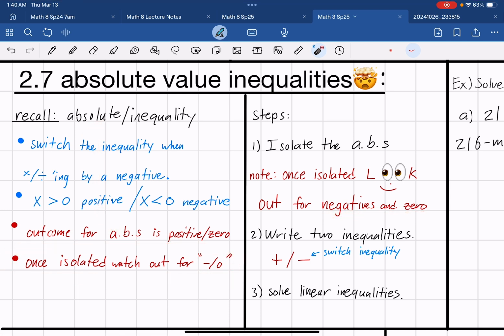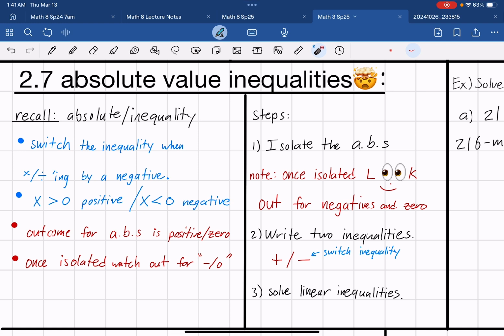Now, even more so than before, and you're going to see with some of the examples why. It's not just going to be about if it's equal to a negative, there's no solution. Because with inequalities, there are multiple solutions. Because you're just looking to be either larger or smaller than a number, it's going to make the answers interesting, but we'll see some examples.